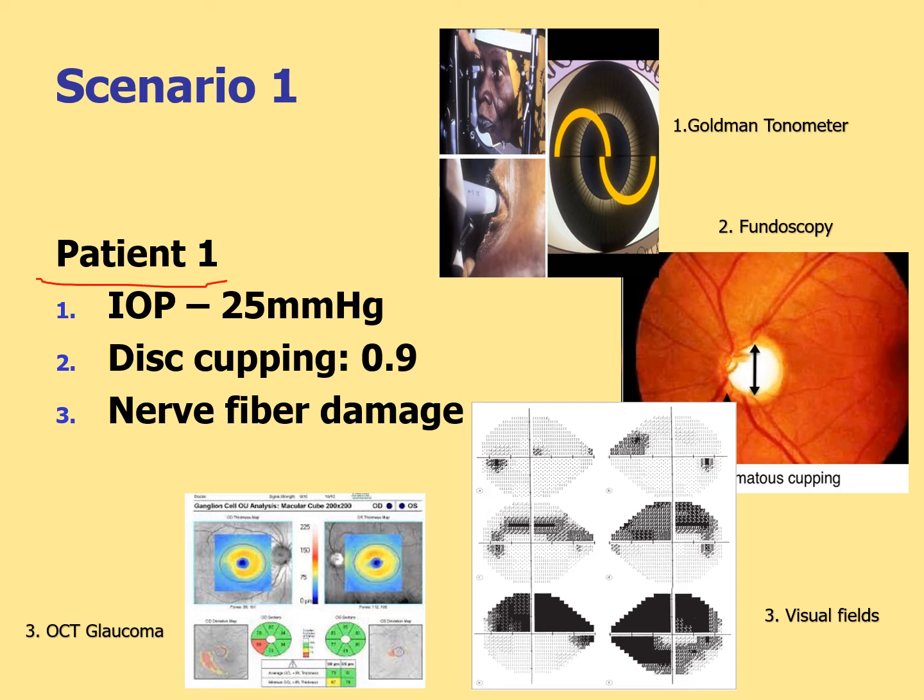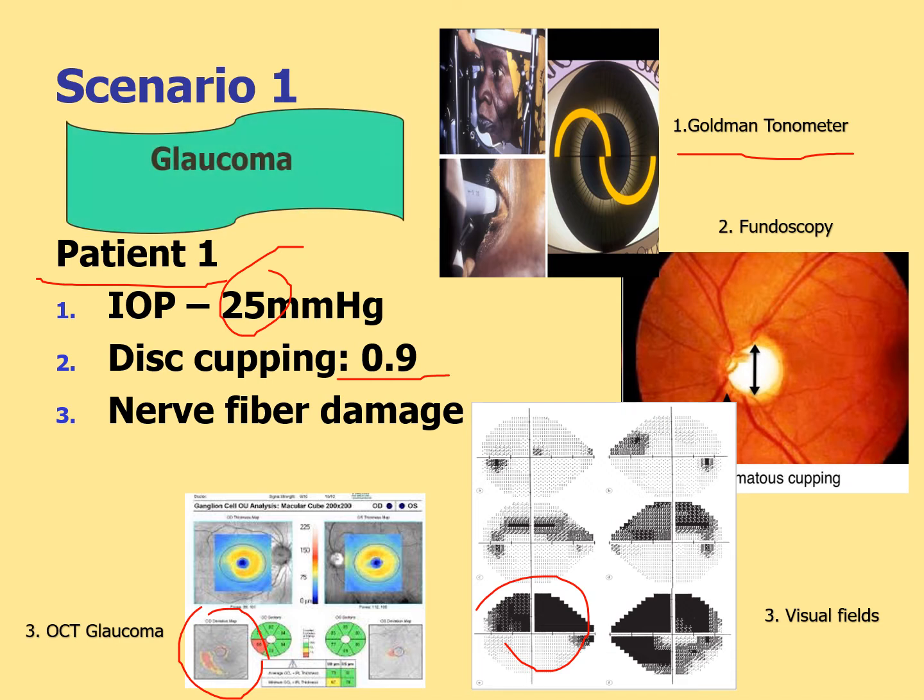Intraocular pressure measured with a Goldmann tonometer is 25 mm of mercury. Optic disc cupping is 0.9, and the nerve fiber damage is present on the visual fields and on the OCT. So what this patient has got? This patient has got everything that a glaucoma patient should have. So we label this patient as having glaucoma.